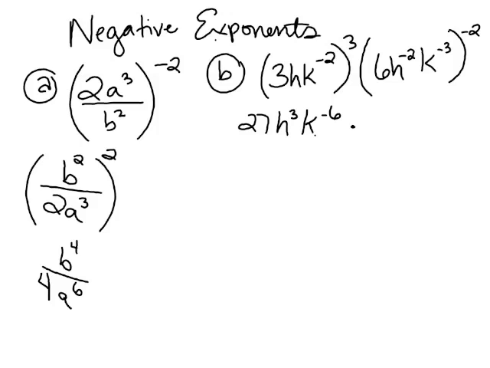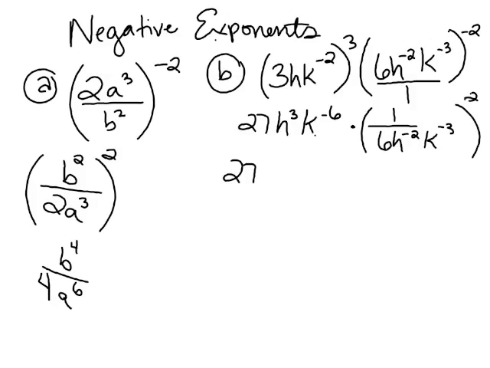What do I need to do with this negative up here? Use the reciprocal, so that's really over a 1, right? So when I flip it over, I'll have 1 over 6, h to the negative 2, k to the negative 3. That's all squared.